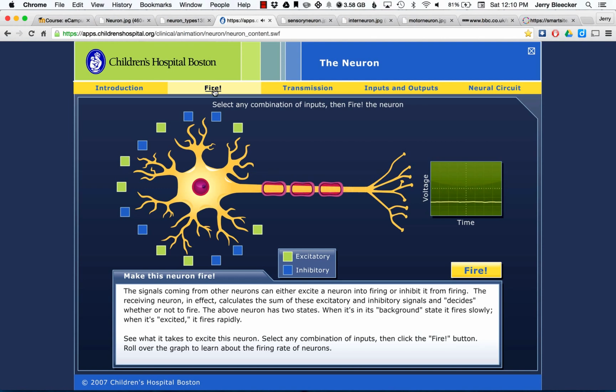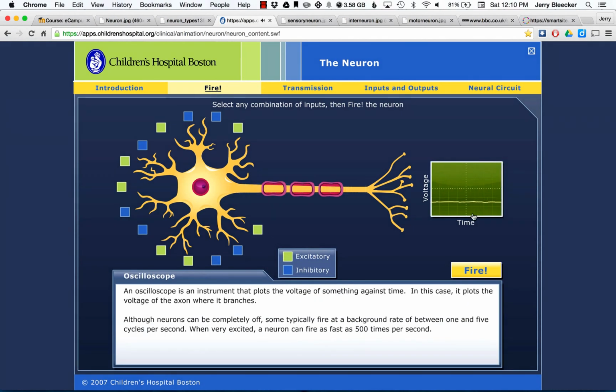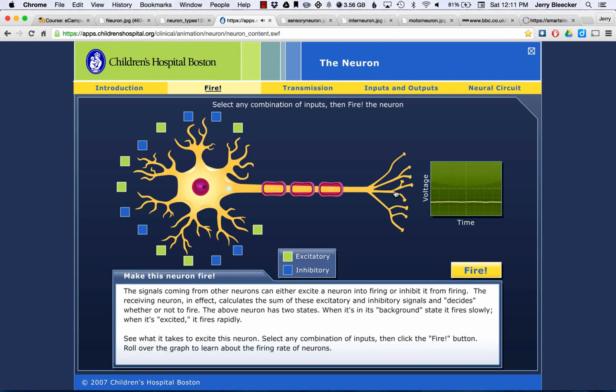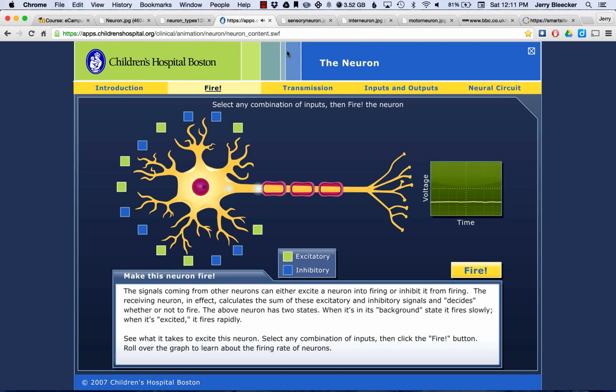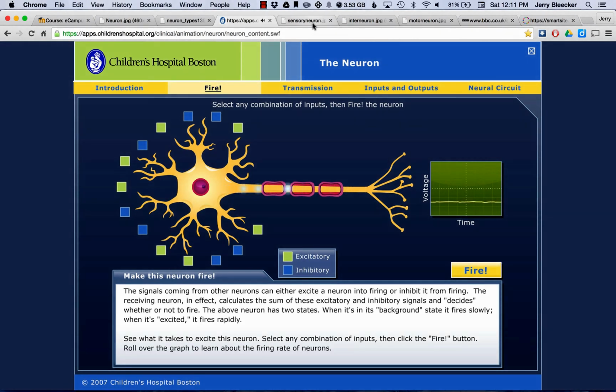What you've got is a little voltage over time over here. So a little graph, and you can see that as the signal passes down, you can see this little blip. And I promise we'll be coming back to this later. Just set the stage for this. Anyways, great animation. Big shout out here to Children's Hospital Boston.